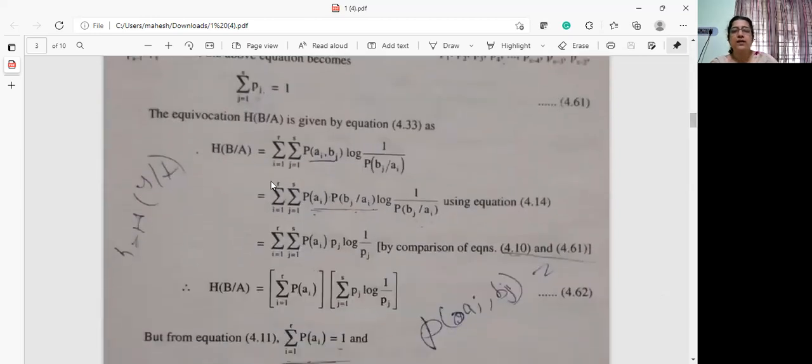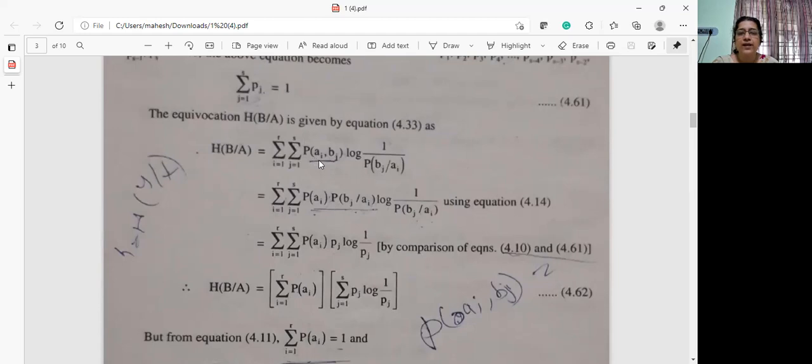Let me write the equation for conditional entropy H of B by A. In terms of probability, it is given as the summation over i equal to 1 to r, j equal to 1 to s, of P of ai comma bj log of 1 by probability of bj by ai. I hope you remember this equation of writing the conditional entropy in terms of probabilities.